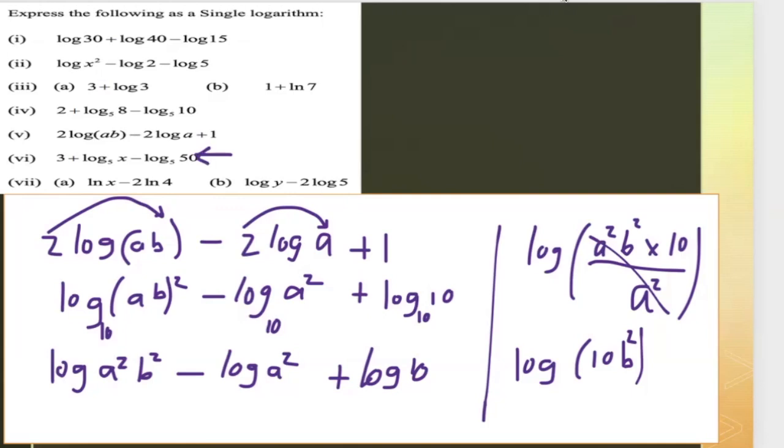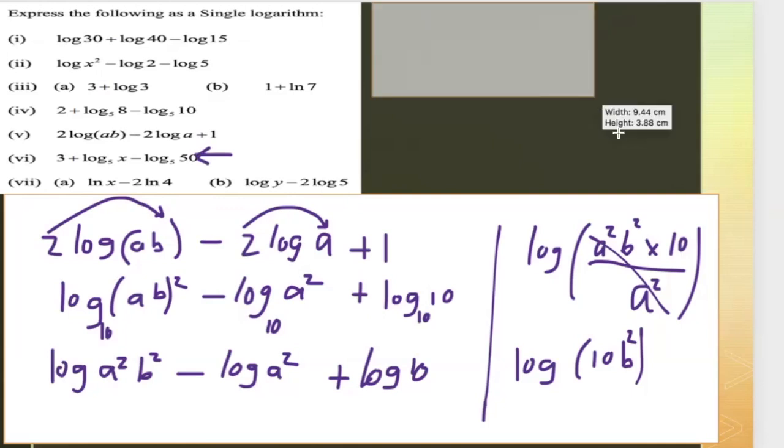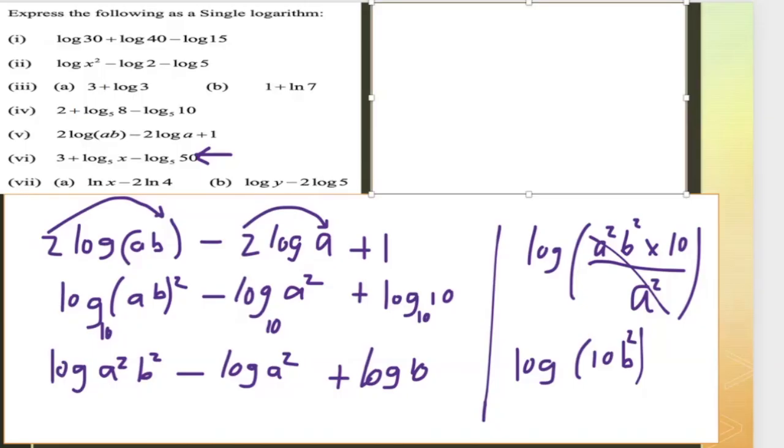I'm going to do the other one here. So, we have ln x minus 2 ln 4. Carry this up, so it becomes the power.